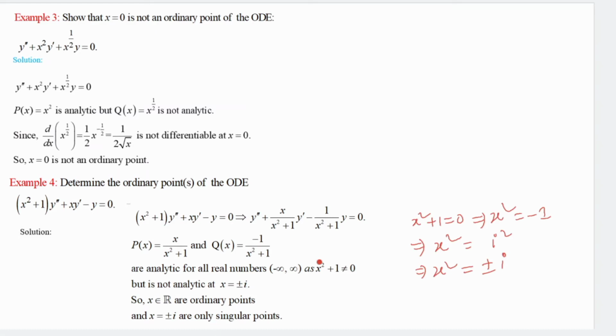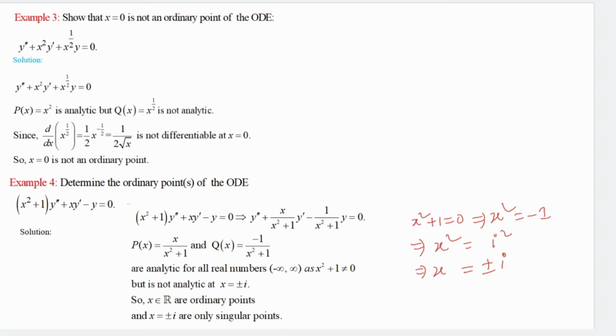We can see that when x equals plus minus i, this function, p of x and q of x, is undefined. But this is a complex number, so we can say that the set of all real numbers are ordinary points for this differential equation, and x equals plus minus i are singular points. That means the singular points can be complex numbers.